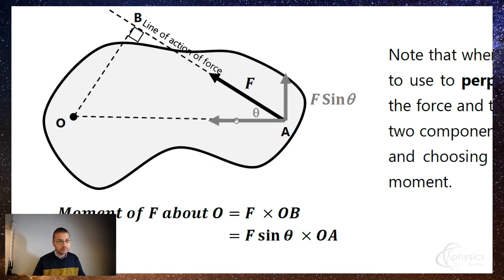Either open up the force in components and use the perpendicular component times the distance, or else leave the force as it is and search for the distance, the displacement here, which is perpendicular to the line of action of that force. So it's either F times OB or F sine theta times OA. Both of them will give you the same moment of a force about O.